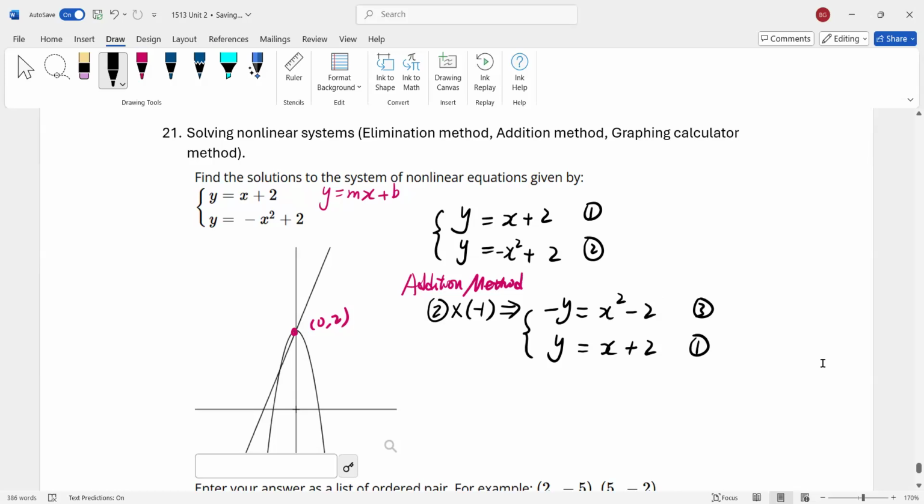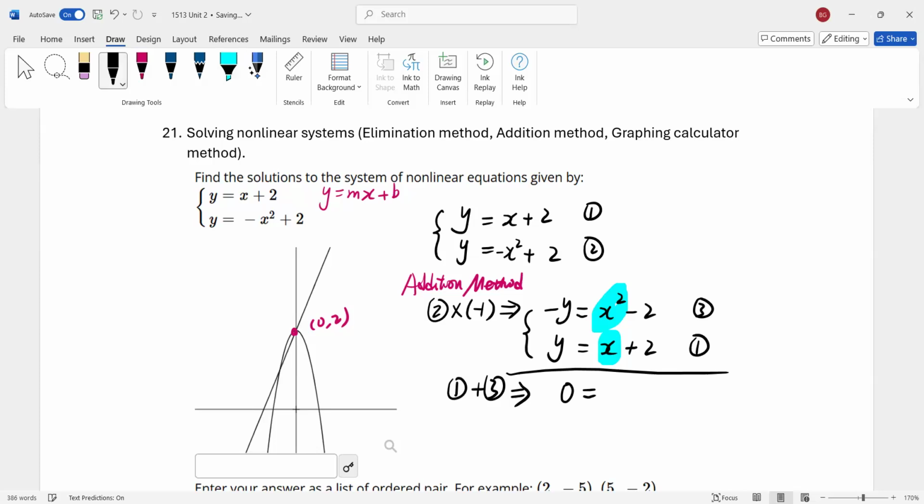And then we are going to apply addition method. Add 1 and 3 together. Add the two equations together. Let's see what will happen. Negative y, positive y cancel each other, 0. On the right side, negative 2, positive 2 cancel, 0. And those two terms will not be eliminated, okay?